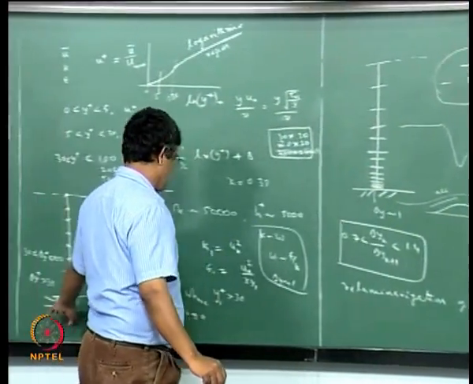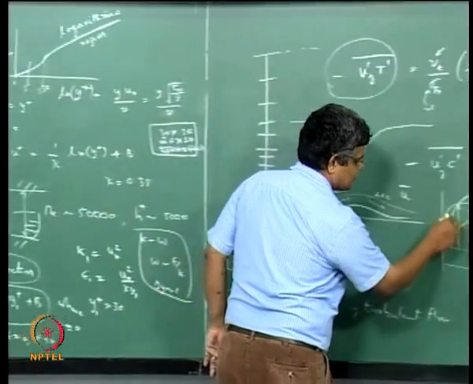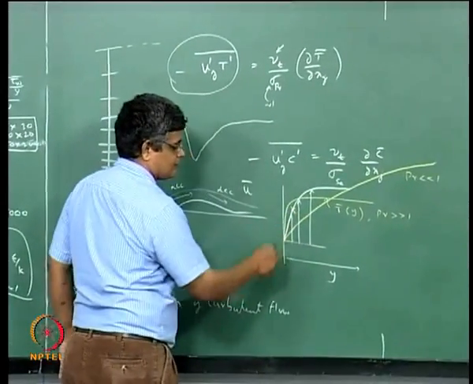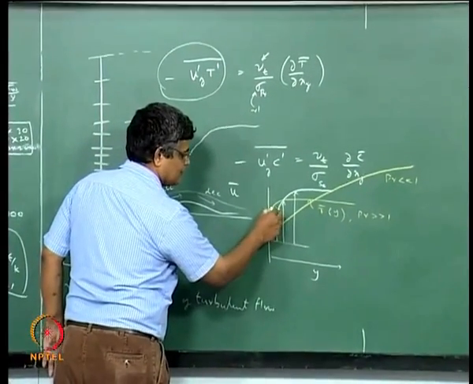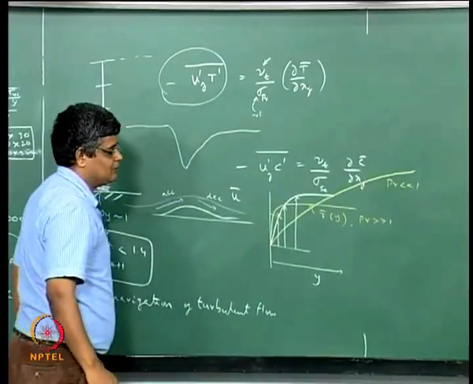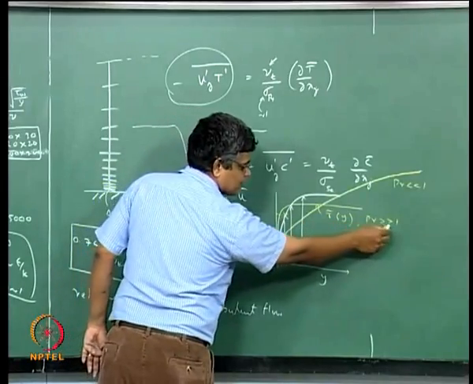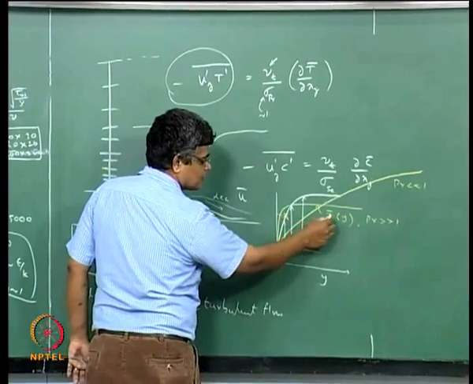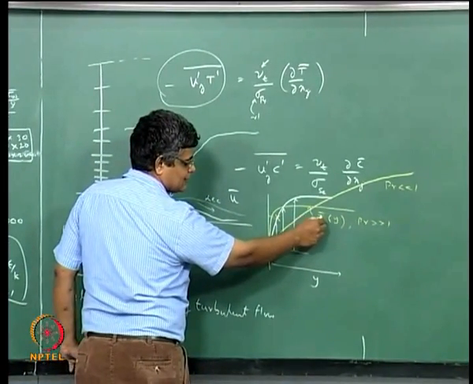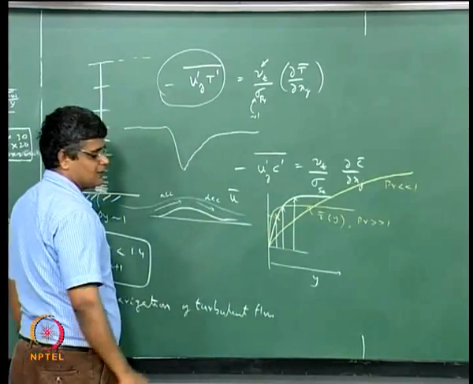Your first grid point in the wall functions may be such that your first grid point is here. This is the region in which you have assumed a certain variation of velocity, and you see that when Prandtl number is much greater than 1, most of the variation in the temperature, mean temperature profile, is already over within this region.